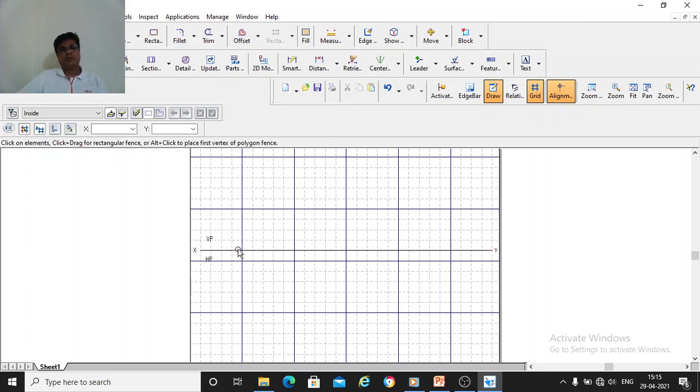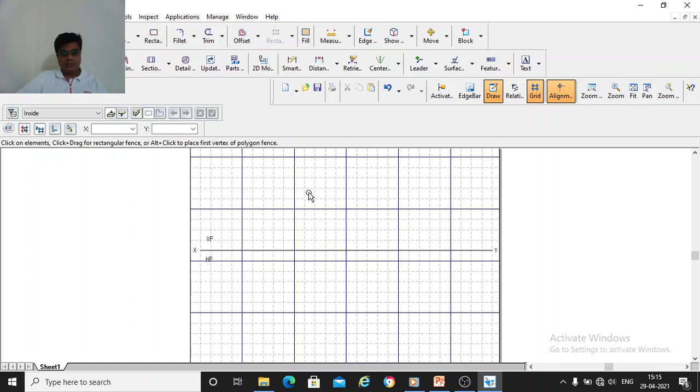This is the initial arrangement, the initial drawing we should do for all problems. Initially you should draw the XY line, name it XY, and name the planes VP and HP at this position here, so that the remaining space you can use for drawing neatly.